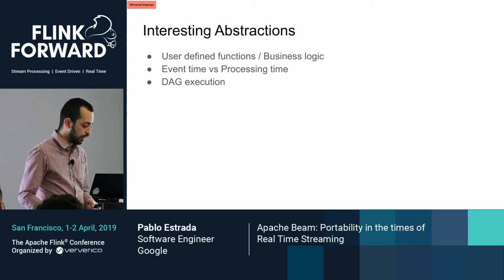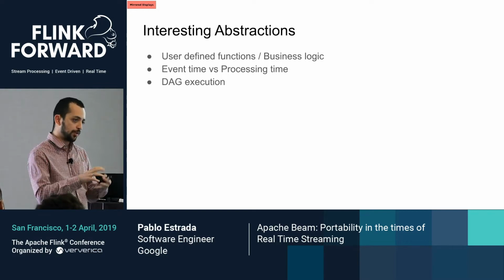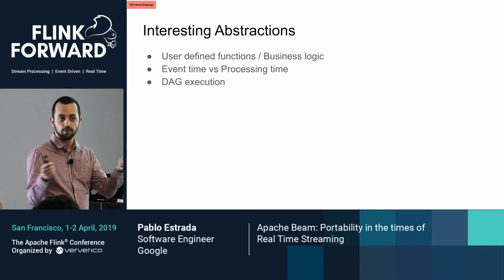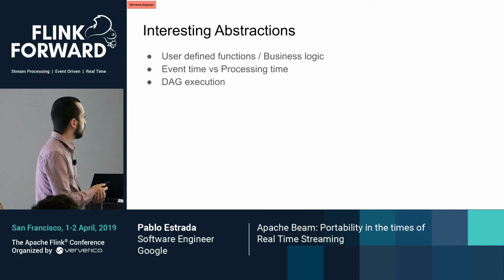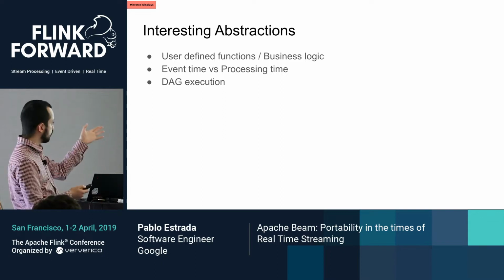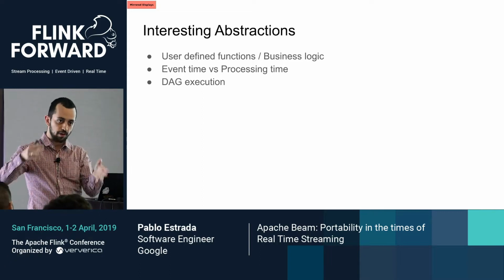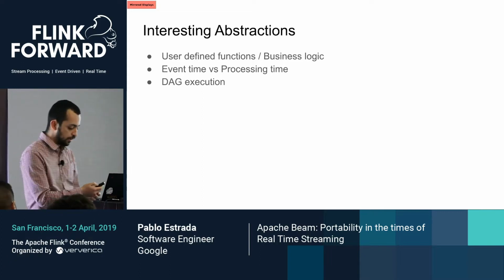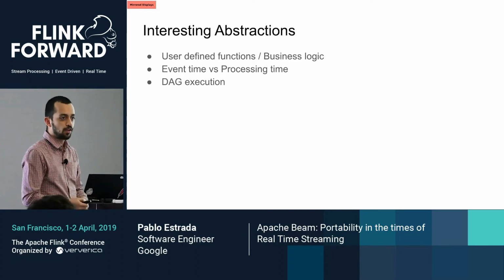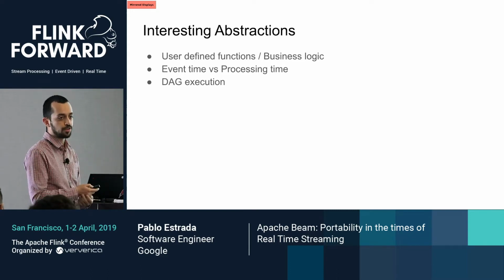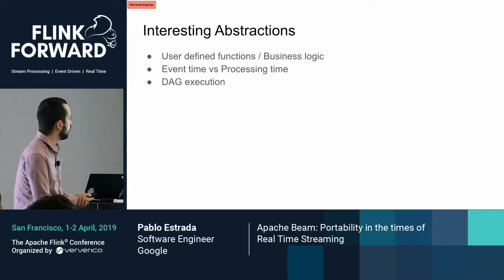But we also looked at how we can abstract the user functions from the runner semantics, so that we could build a portable runner. The runner would be in charge of the execution of the DAG, of the graph that you build, and the Beam SDK, as we Beam developers call it, would be in charge of running your functions, right?